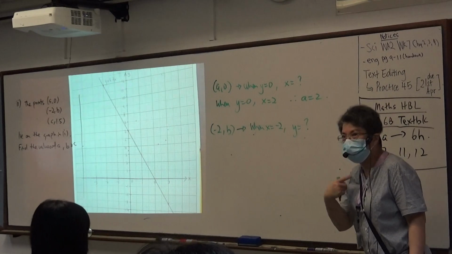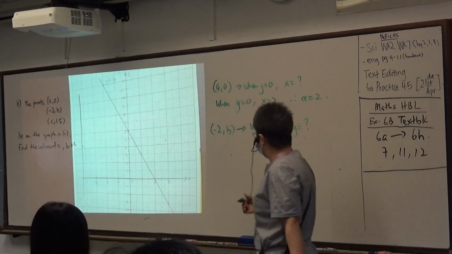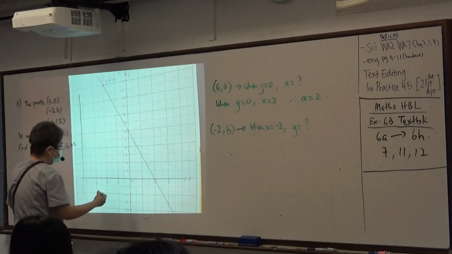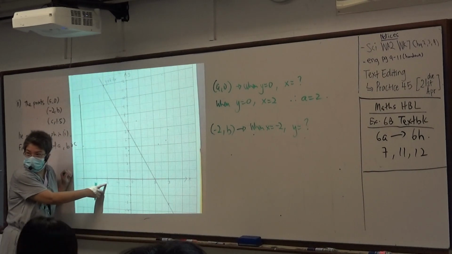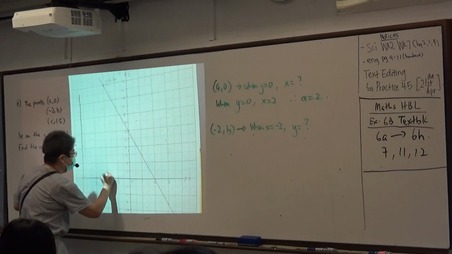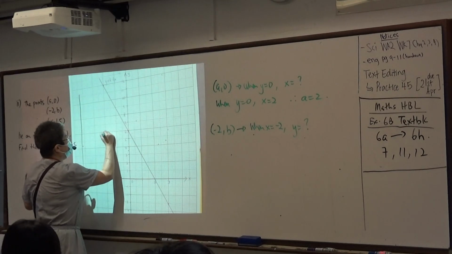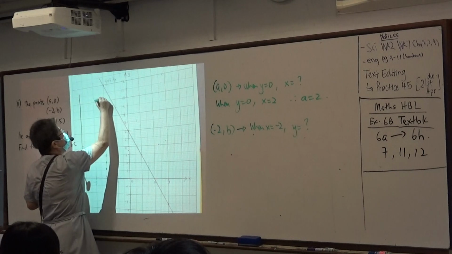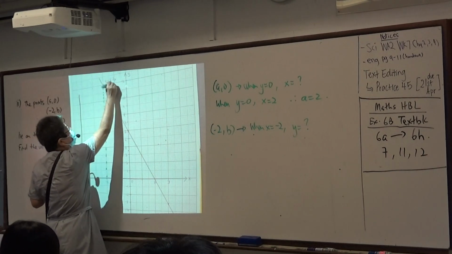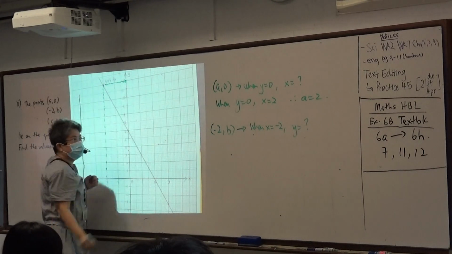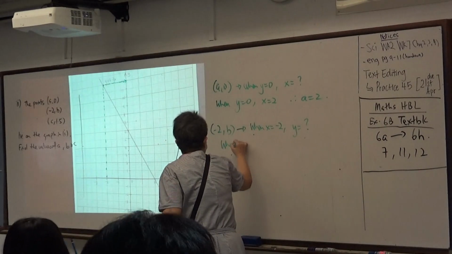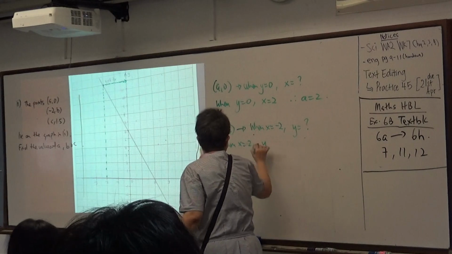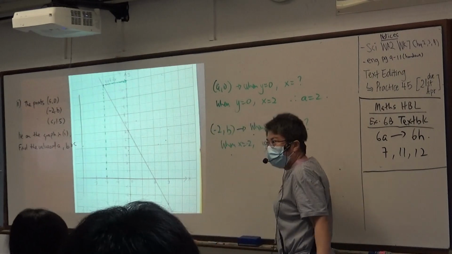You must know how to make the question. Now, where is X minus 2? It's here, right? Everybody can see? What you need to do is draw a dotted line up until you hit the line, and then you hit here. What is the Y value? When X is minus 2, what's my Y value? 12, right?